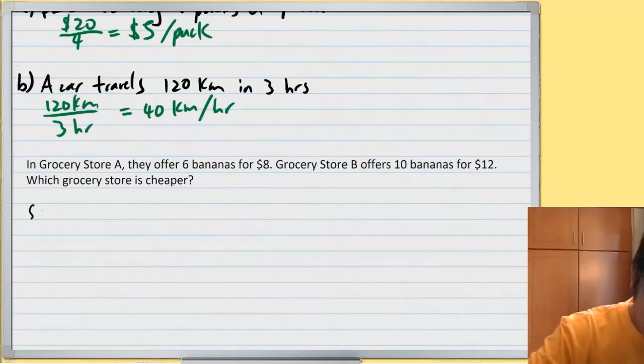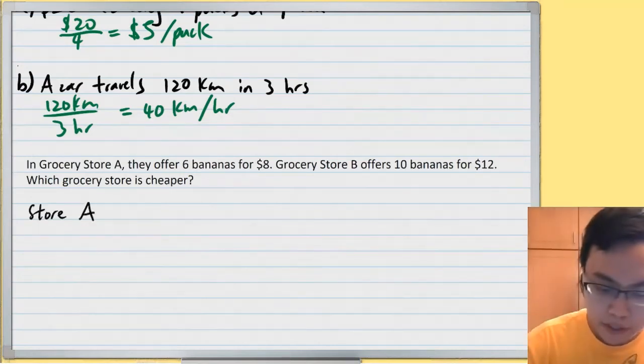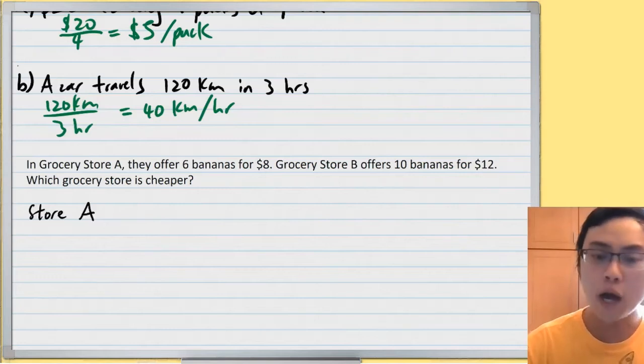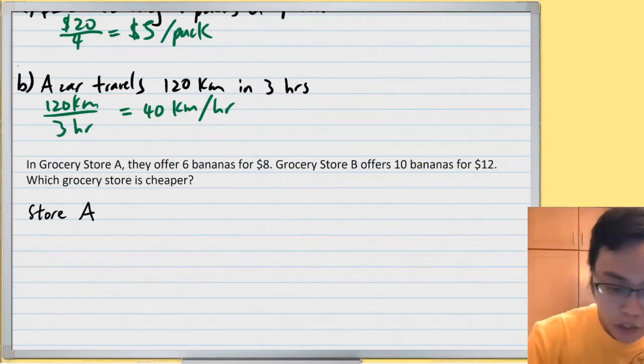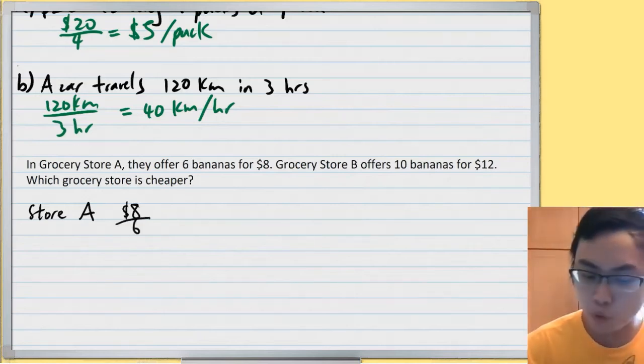And so for store A, the unit rate is going to be 6 bananas for $8. So how much is 1 banana going to cost? We want to do $8 divided by 6 per banana.